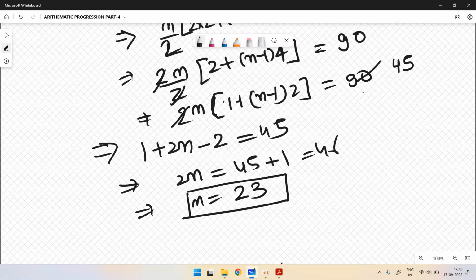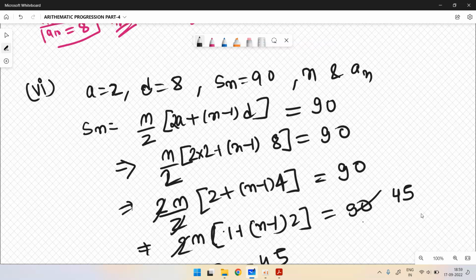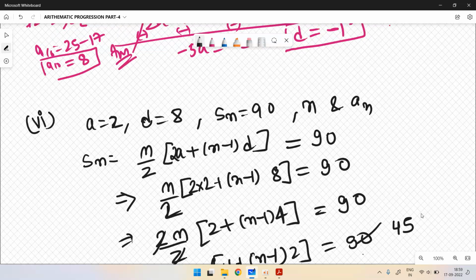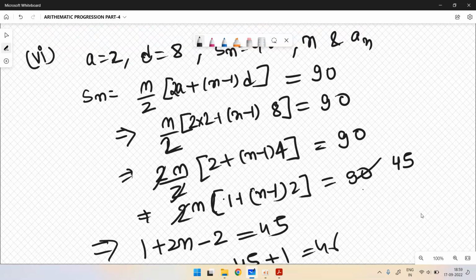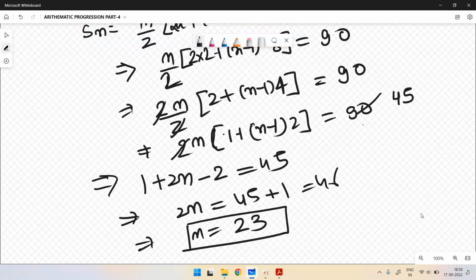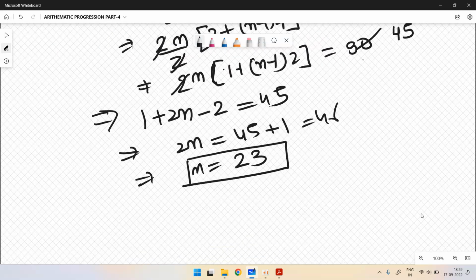So we will be using the same formula again. Sn, and this time you know n is 23. So S23 will use the same formula.